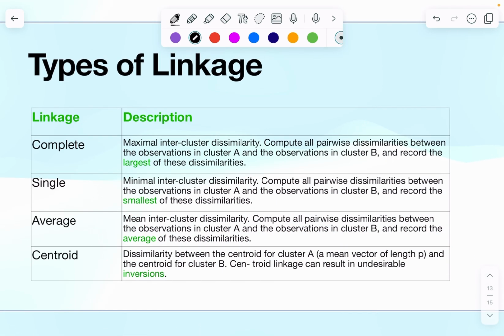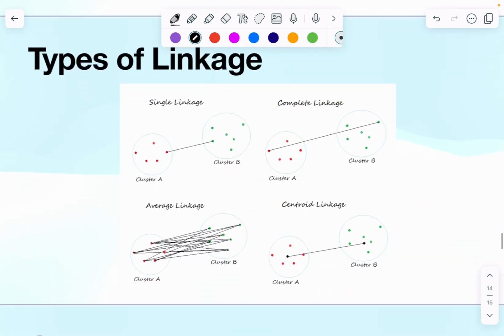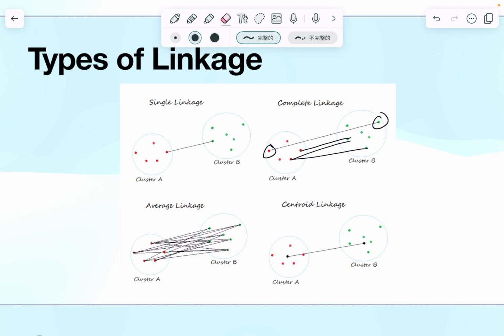The first one is the complete linkage. It will calculate the distances between all the points from cluster A to cluster B and then find the largest one, just like this. You also calculate this, but you will find this is not the largest one. Then you find these 2 dots.